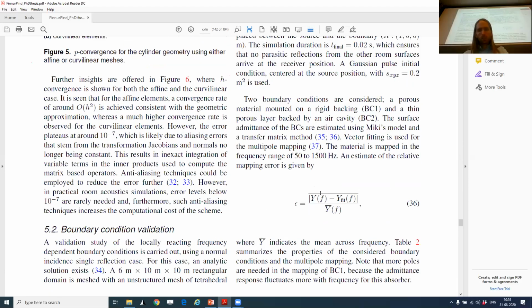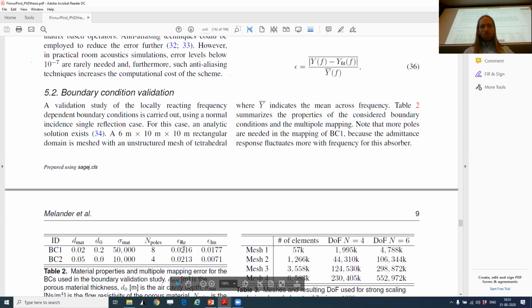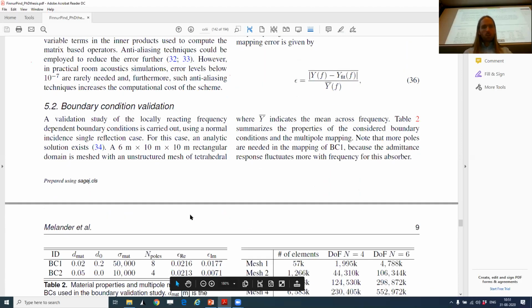Right. Well, this is slightly different. This is not an error of the simulation as such, but an error in the fitting. So I thought it made a bit more sense to use this measure here to give a more intuitive number.